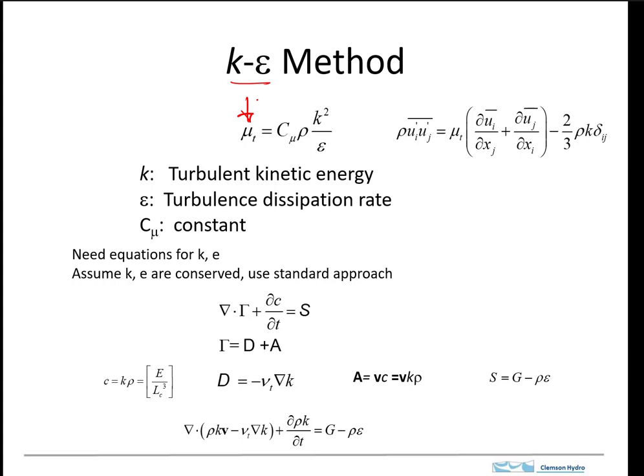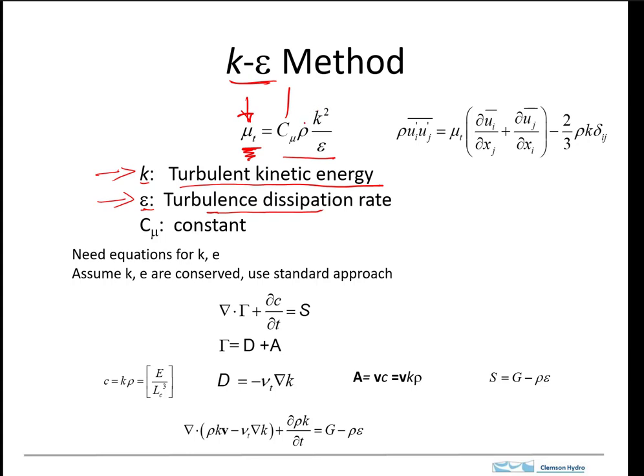In K-epsilon, the way this is done is to introduce two new terms, and not too surprisingly, it's K and epsilon. K is the turbulent kinetic energy, so it's the kinetic energy in these vortices, and epsilon is the rate at which energy is dissipated by these turbulent eddies.